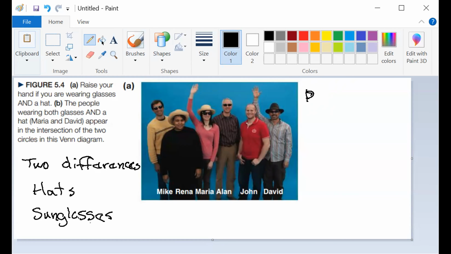The probability someone is wearing sunglasses is 4 out of 6. And now what we want to introduce is the idea of what is the probability that someone is wearing a hat and glasses.